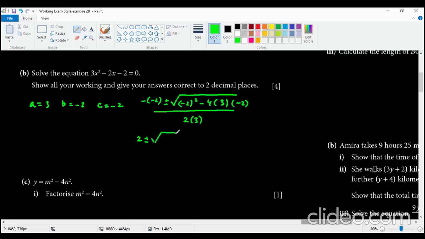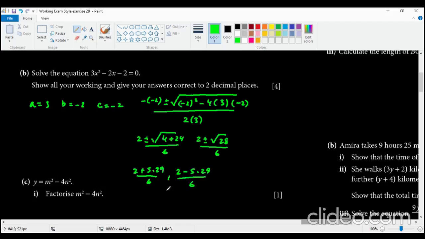This gives us 4 plus 24 over 6. This finally gives us 2 plus minus under root 28 over 6, and under root 28 is going to give us 2 plus 5.29 over 6, and 2 minus 5.29 over 6.